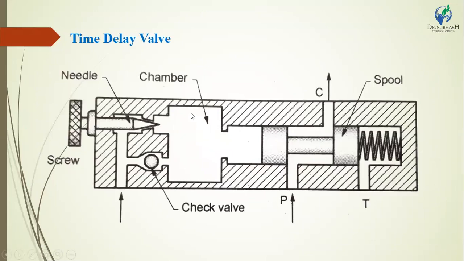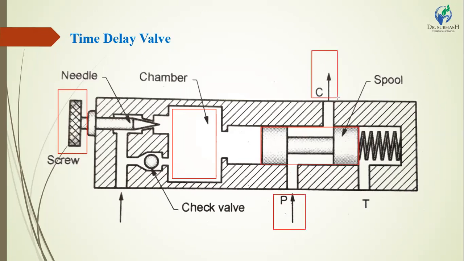First we study the time delay valve. First we look at the construction of this valve. This point is an adjustment screw. We can adjust the screw with clockwise and anti-clockwise movement and control the flow of working fluid. This portion is a hydraulic chamber inside the valve. These points are a spool working between the hydraulic pump and the hydraulic circuit.